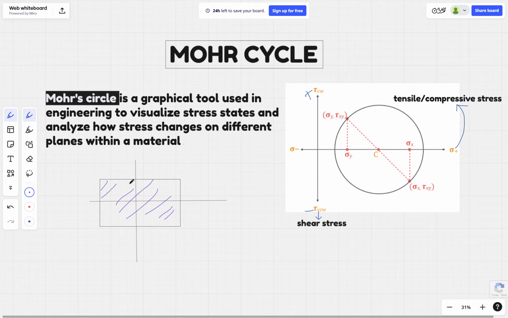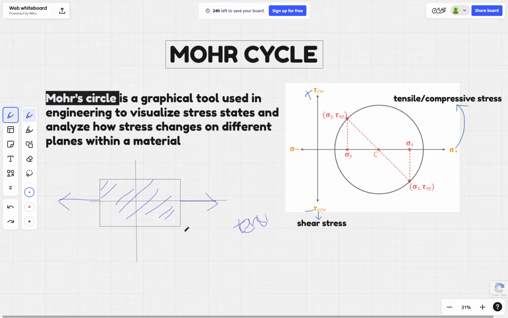If the force is outwards, like you are pulling the object from two sides, then the body will go under tensile stress.